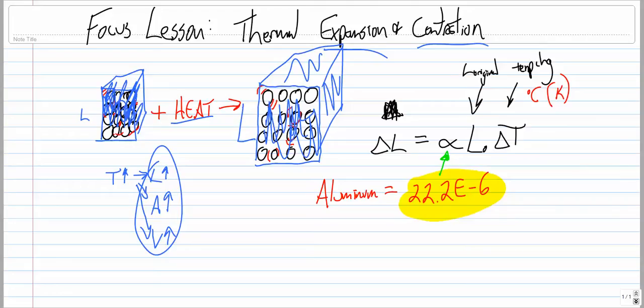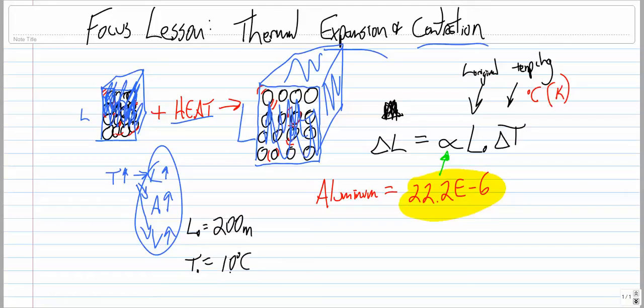Let's say that we've got an aluminum wire running from your house to your barn or something. And let's say that it's 200 meters. So let's say our original length is 200 meters, and the original temperature is 10 degrees Celsius.